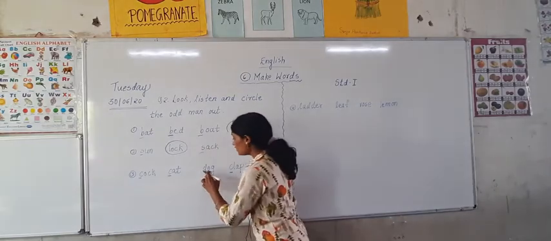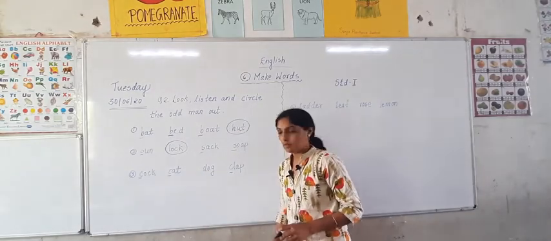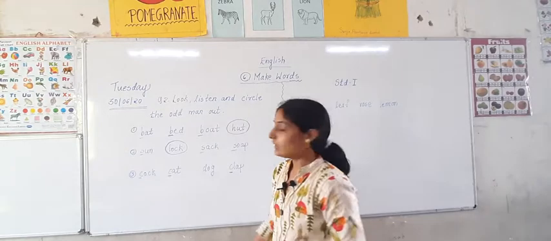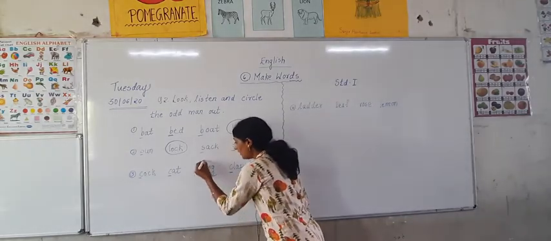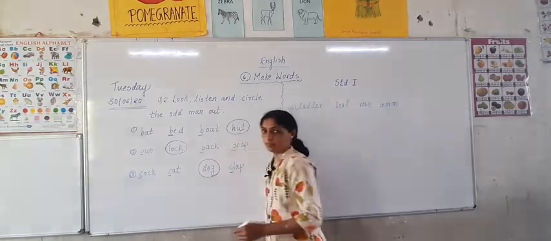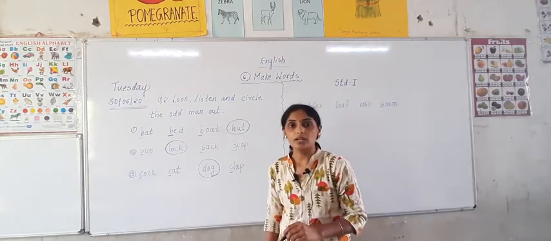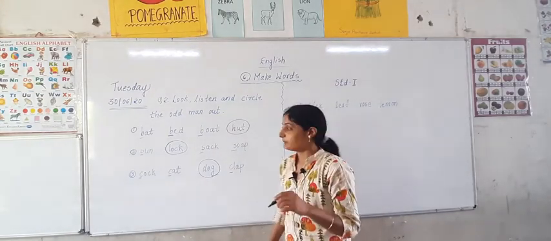So which word will be the odd man out in the third example? DOG dog will be the odd man out.